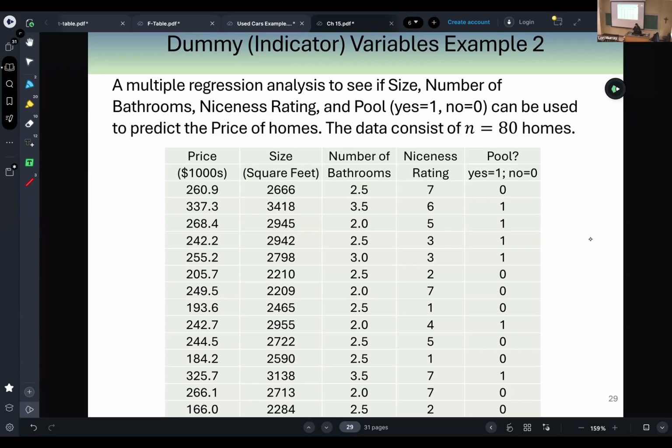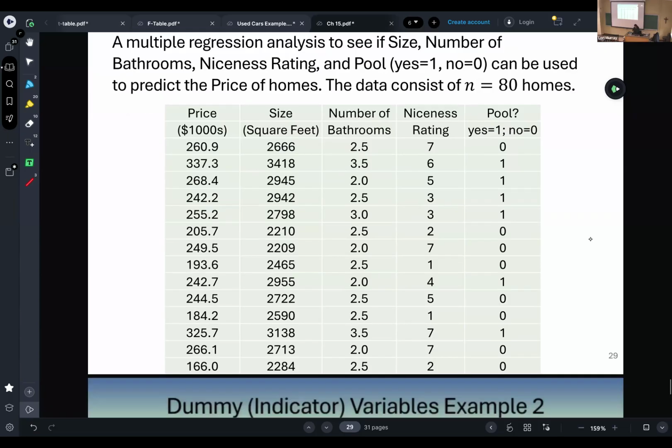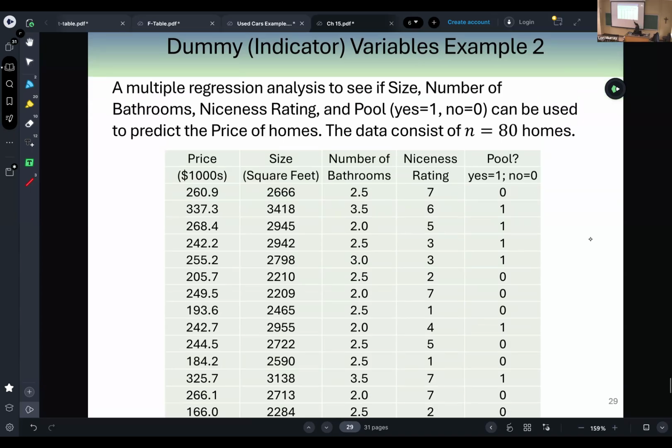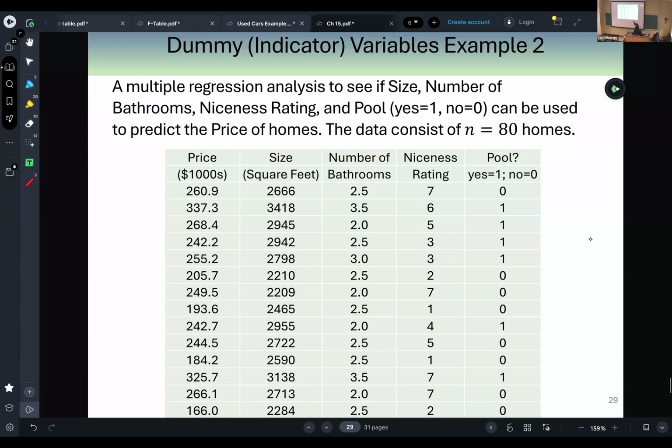So this here is data showing 80 homes. This goes on and on; I've cut it off from the Excel sheet. It would keep going if I cut and pasted more. The dummy variable in this case is the binary variable pool. Does the house have a pool? Yes, which is 1. No, 0.